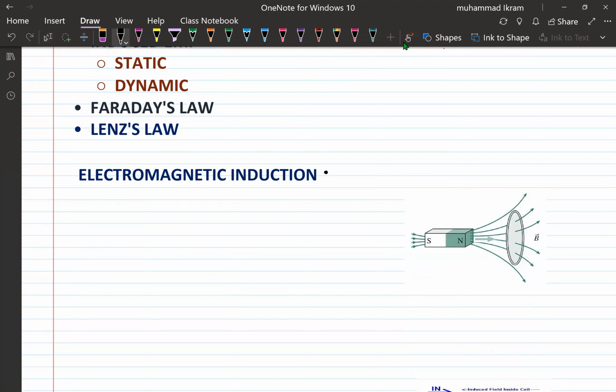Electromagnetic induction. What is electromagnetic induction?